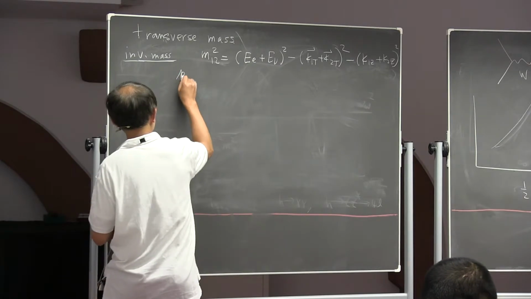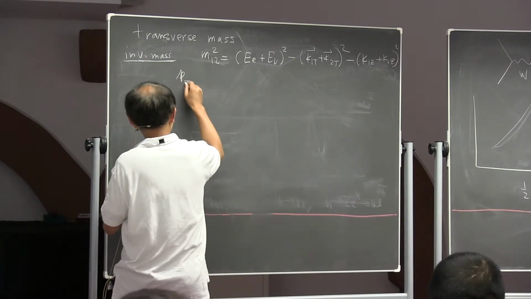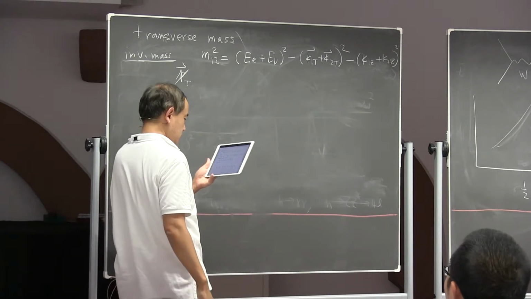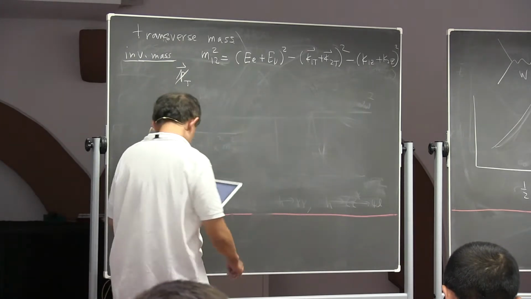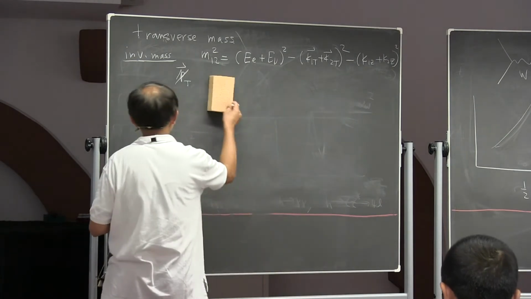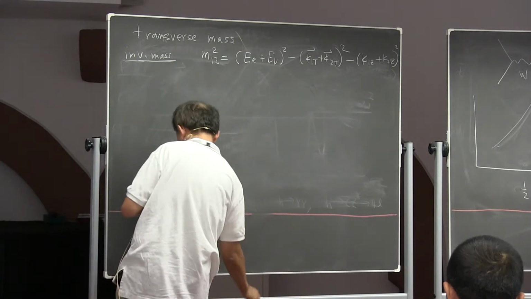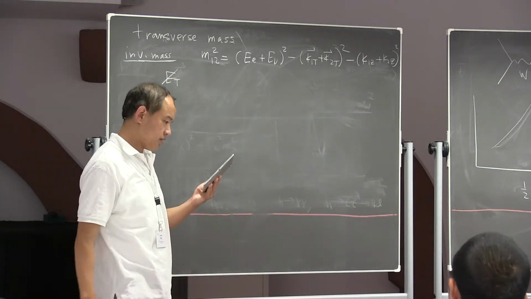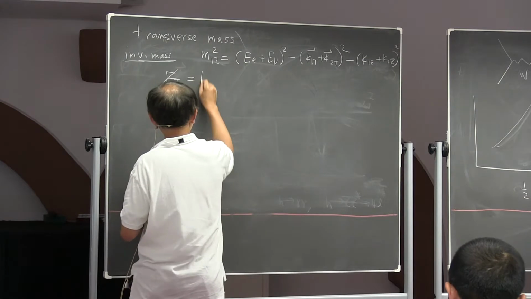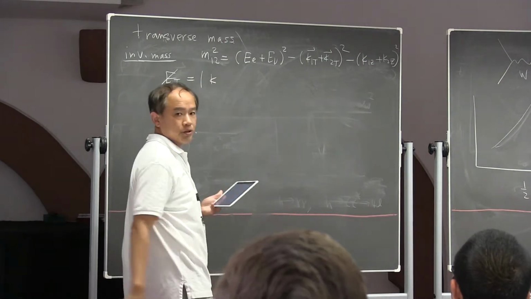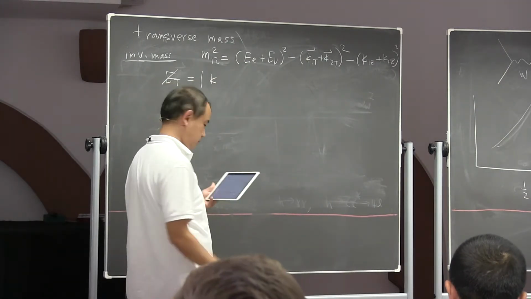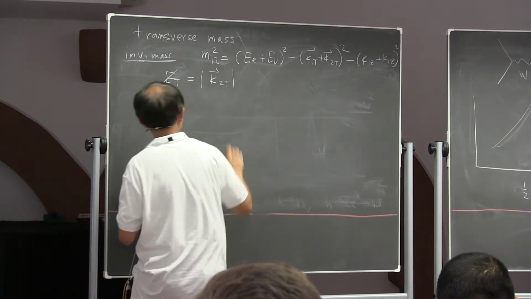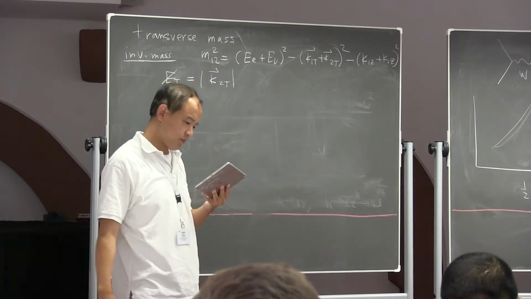Now I'm going to define some quantities. I'm going to call the missing transverse energy the momentum of the neutrino, that is, the missing momentum of the neutrino.